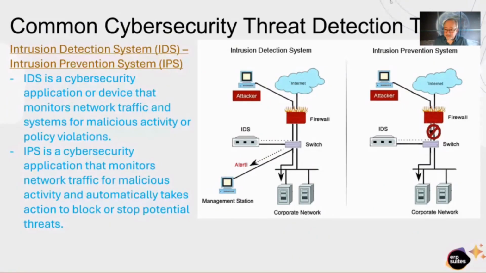An intrusion prevention system, as you can see in the graphic, is meant to actually catch it before it really gets into the network. But it's still the same general idea. We're still talking about things that have signatures and rules and policies that are defined in order for it to give us the appropriate alerts, or, in the case of the prevention system, to stop that traffic. It may be mildly behavioral based, but mostly it's going to be based on policies, rules, and signatures.